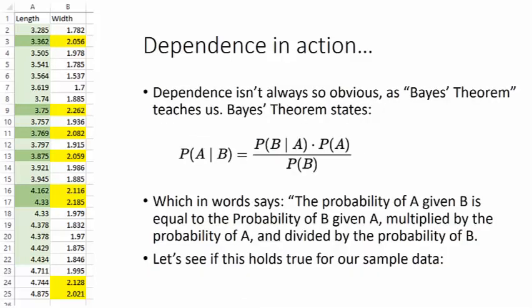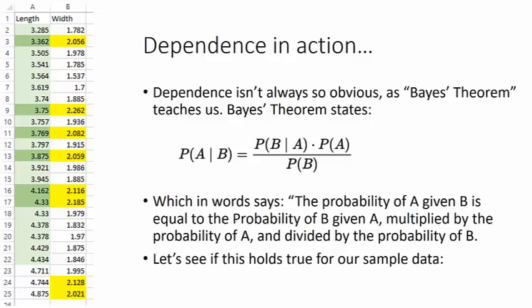So dependence isn't always such an obvious thing. One of the things that statisticians learned is Bayes' theorem. It's a complicated equation, but I'll go ahead and read it aloud for you.